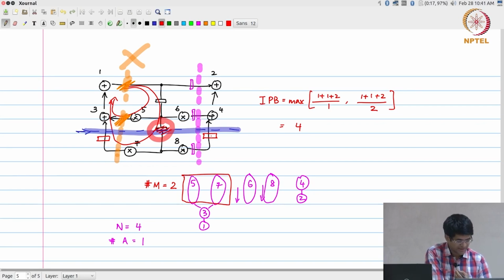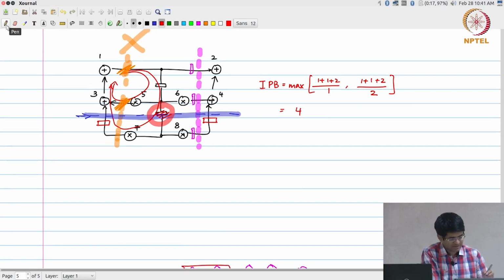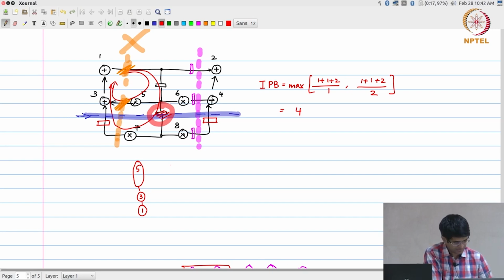What does my resulting architecture look like? Once I have this, if I then go ahead and once again try to draw the dependencies, then what I have is, I have 5, 3, 1, 7 is now pretty much standing by itself.